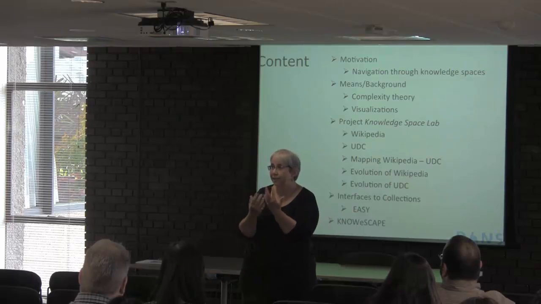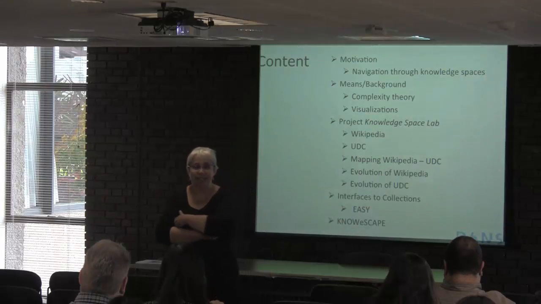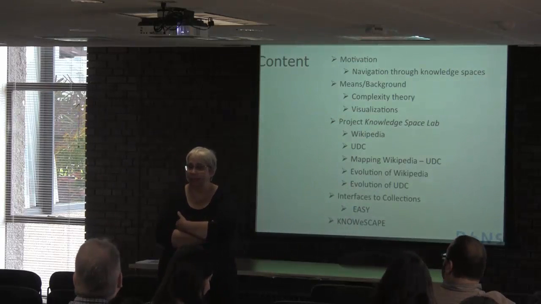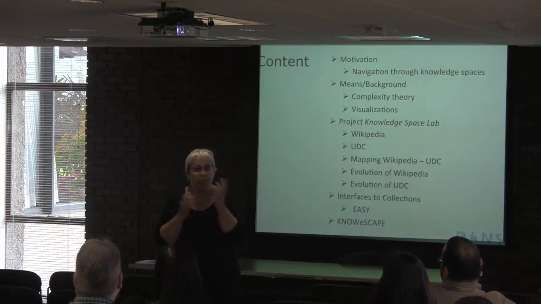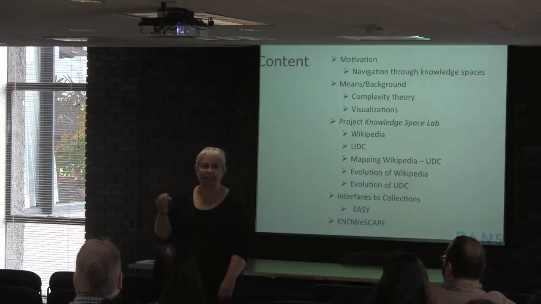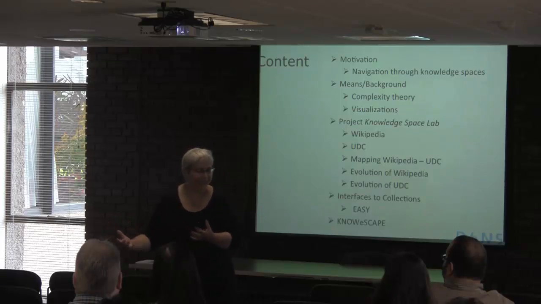So if you have the impression that I'm on an odd track and you don't get me anymore, please don't be ashamed. Snap your fingers, get my attention, and ask, because I'm using this vocabulary as an intruder into this field, into the heart of library sciences.